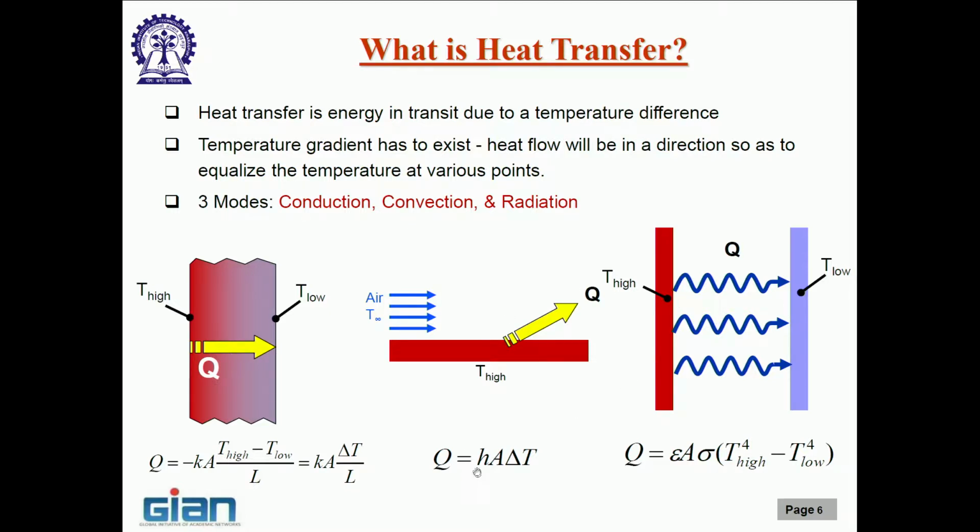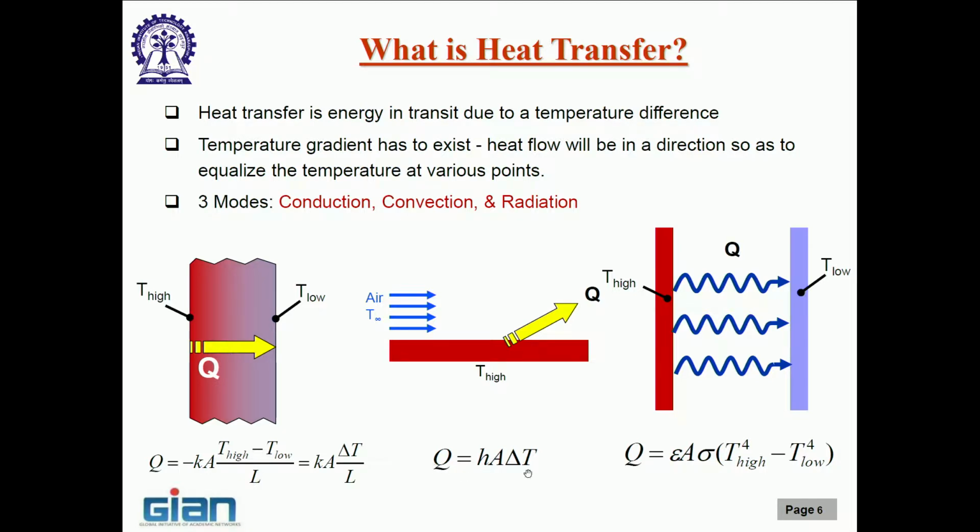H is known as the heat transfer coefficient, which by the way, when people are doing research in convective heat transfer under various circumstances, finally it just boils down to quantifying this parameter H under a certain set of boundary conditions and geometry. How can I quantify and calculate the heat transfer coefficient? But for the time being, let us assume that H is known to us.